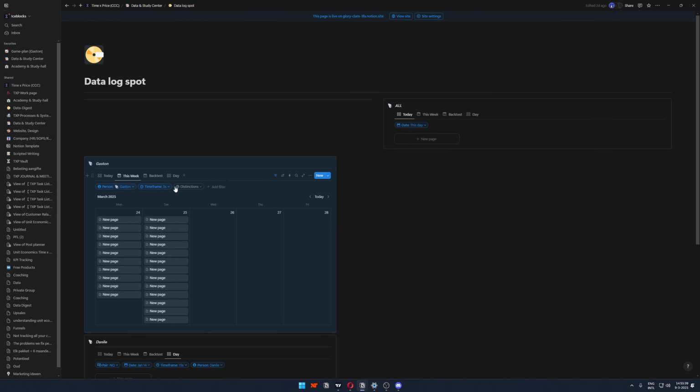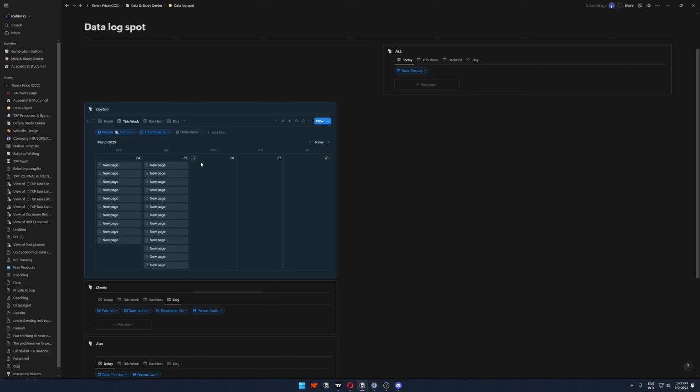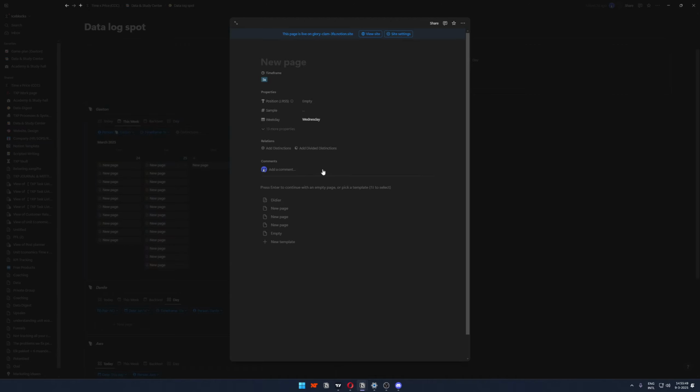But I'm able to have created a system that lets me log samples and use tags, which I call distinctions and divided distinctions, to be able to mark things I see within price, to give that data, as in the sample itself, a tag, so that after I test a session as a day or a week or a month, I can look back and select the tag to see all the samples that have that certain tag.